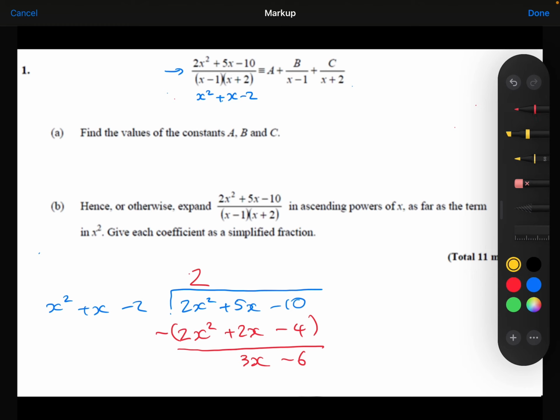At this stage, we can see that this is not going to go into this. Therefore, we know we've finished dividing, and this is the whole part, and this is the remainder.